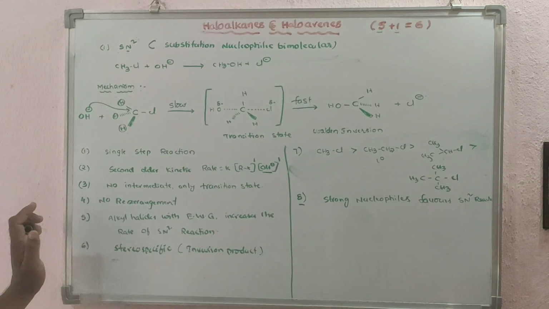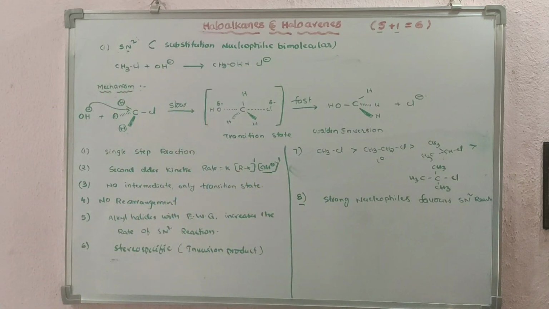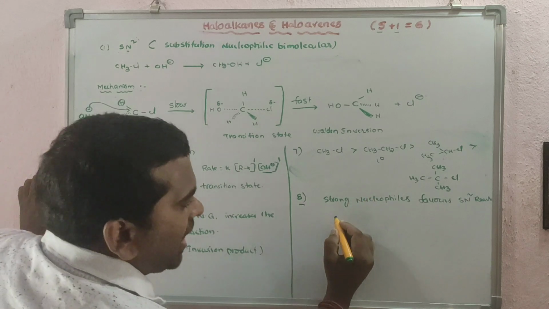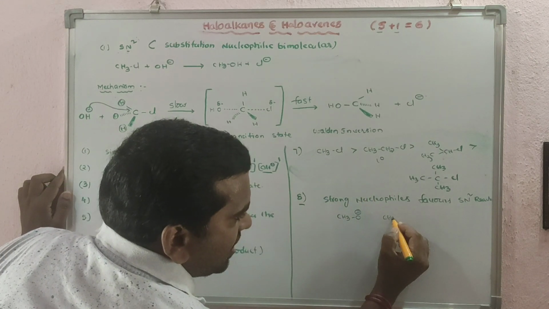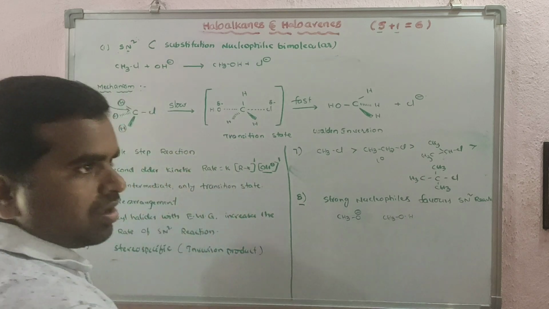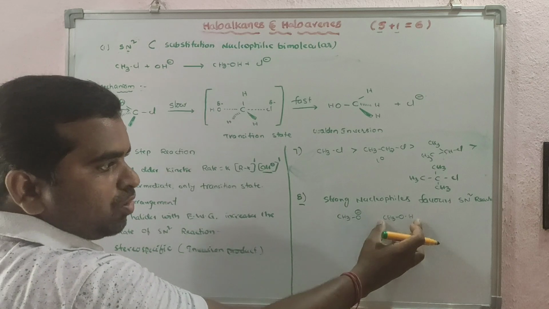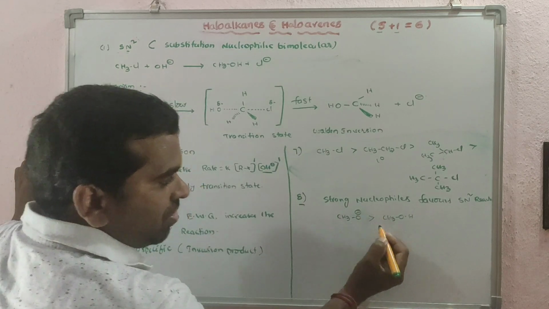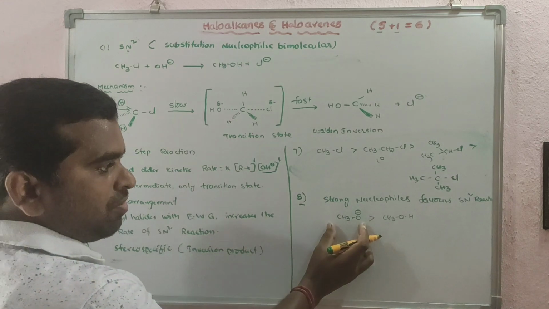If the nucleophile is strong, then the SN2 reaction is very, very fast. Suppose I take an example, O minus and CH3OH. Clear? Species with a negative charge compared to neutral species are powerful nucleophiles. Clear? So this is the powerful nucleophile.